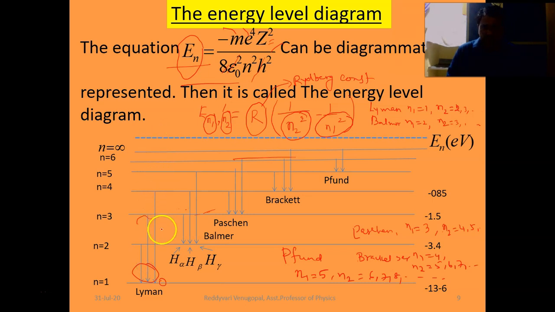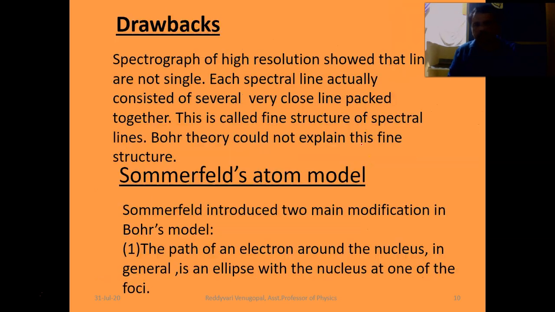Then this particular transition series is called the Lyman series. When an electron jumps from higher energy levels or higher orbits to the n is equal to 2 orbit, then that particular transition series is called the Balmer series. Like this we can explain the Paschen series, Brackett series and Pfund series also.